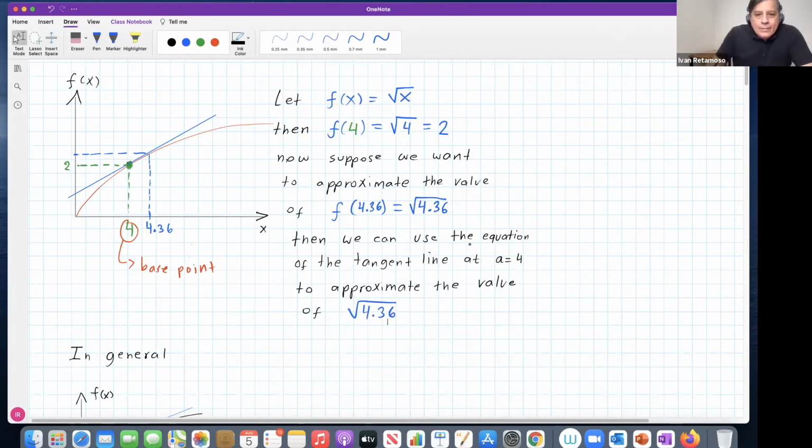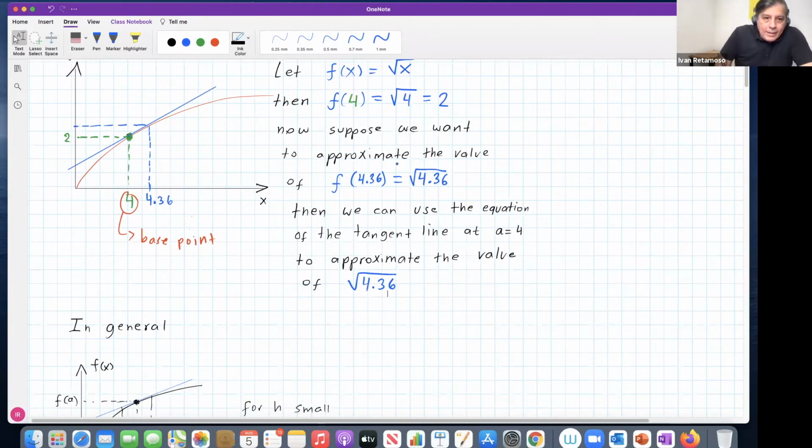Okay, so that's the idea, right? And again, it makes sense because you are close to 4. If you are away from 4, here, look, there's a huge gap. It wouldn't make sense, right? You have to be close to 4. Sometimes students ask me, how close, Professor? What do you consider to be close? For that, try to think relatively speaking, right? 0.36 compared to 4 is small.